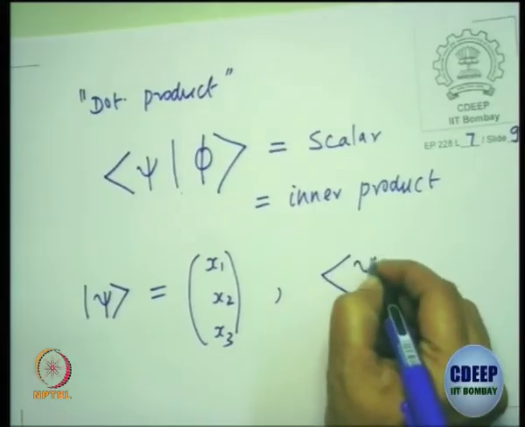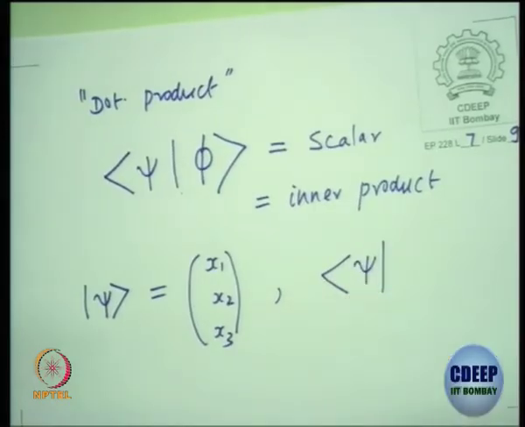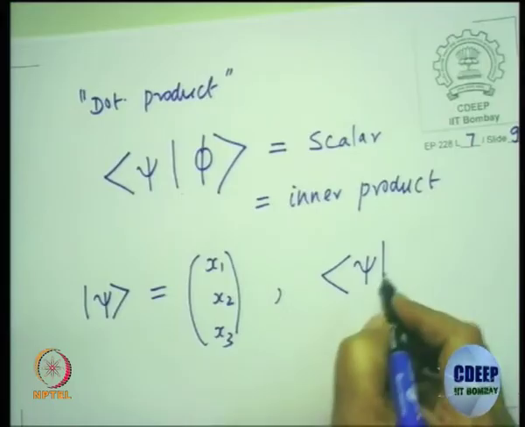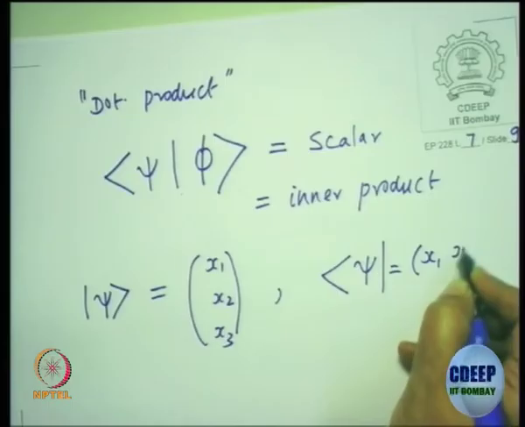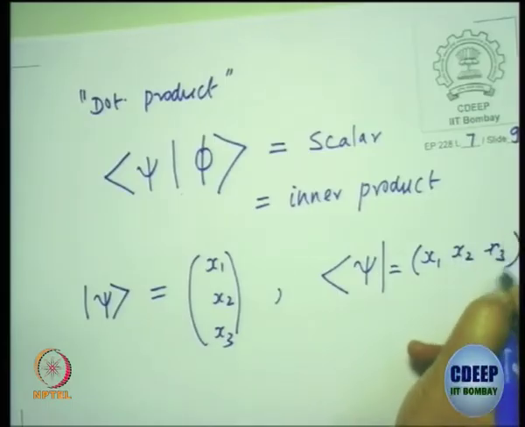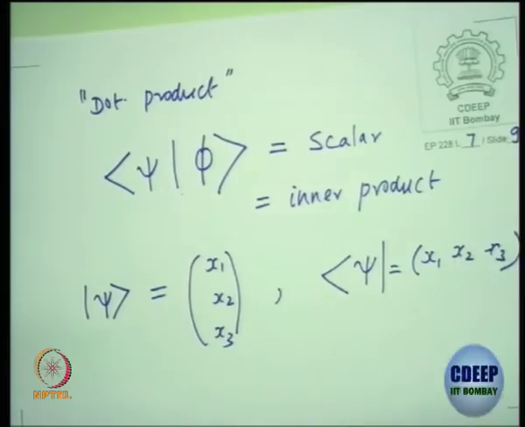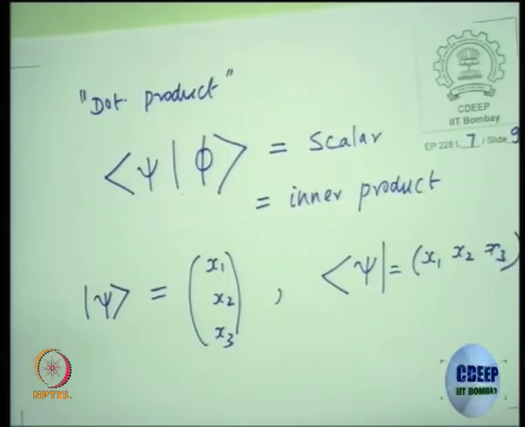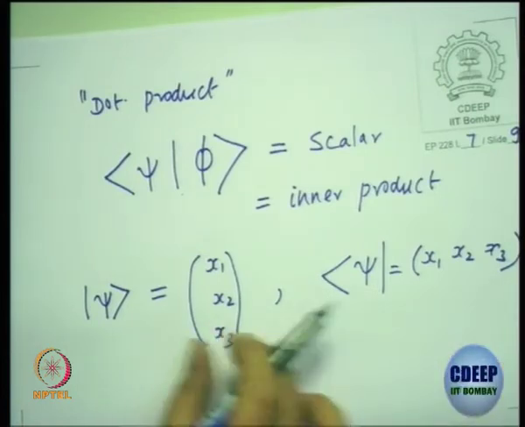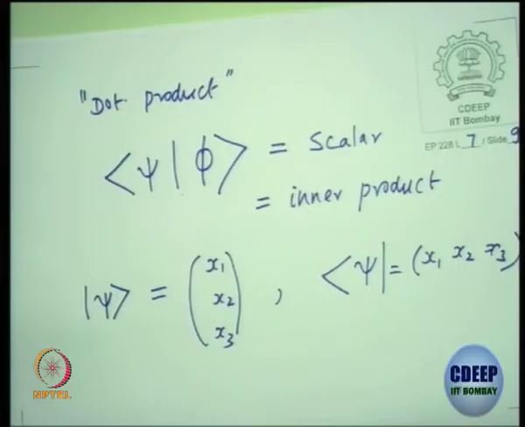The corresponding dual vector will be denoted by x1, x2, x3. These are elements of R3, that means real entries. The corresponding dual vector is a row. We have all done this many times. So, this is a row, or it is a transpose of this in real vector space.